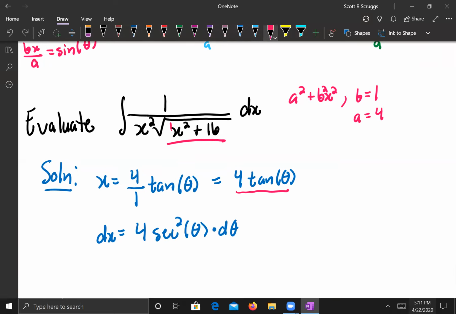And so here's what's going to happen with the substitution. I'm going to replace dx with 4 times secant squared of theta times d theta. And anywhere that I see an x in my original integral, I'm going to replace it with 4 times tangent of theta.